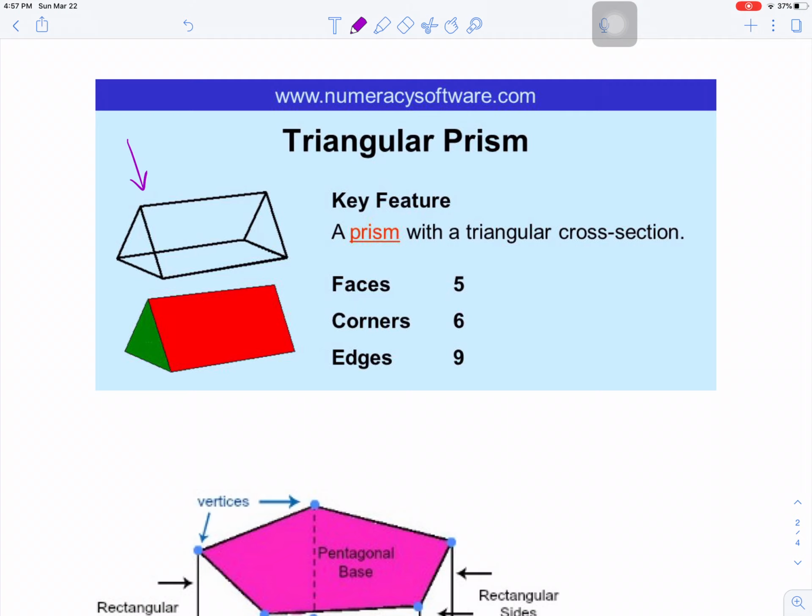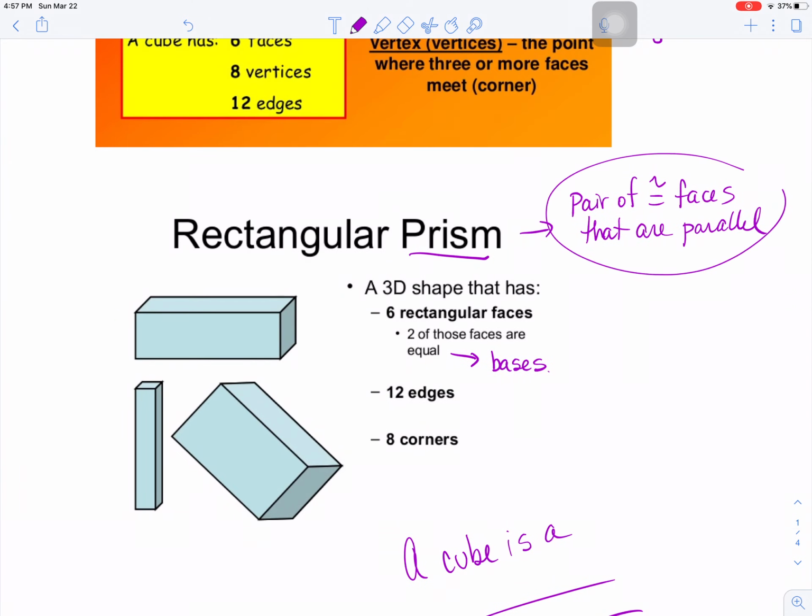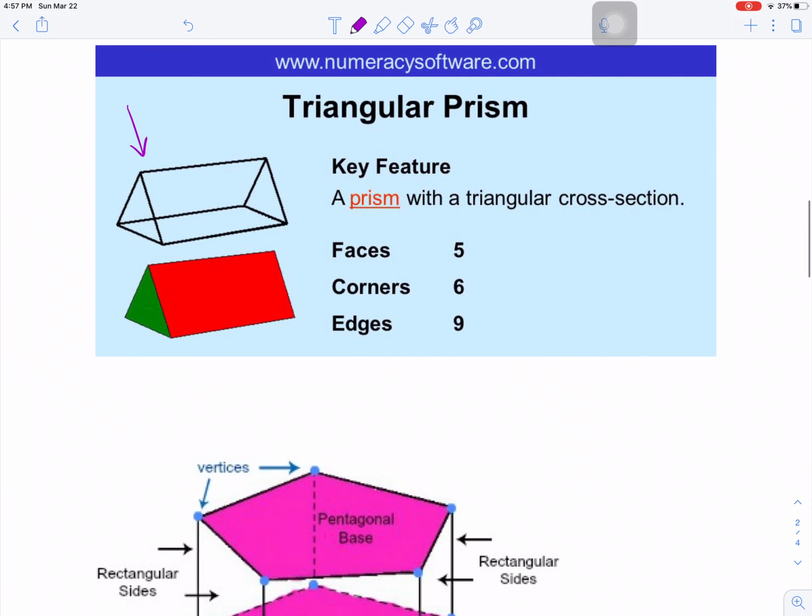It's key to understanding prisms to know where the 2 congruent faces that are parallel to each other are. They are the triangles. That's why it's called a triangular prism. And it has a triangular cross section. If you cut it, it would be a stack of triangles. They would all be the same size triangle. If you cut it along the rectangle, they're going to change sizes.